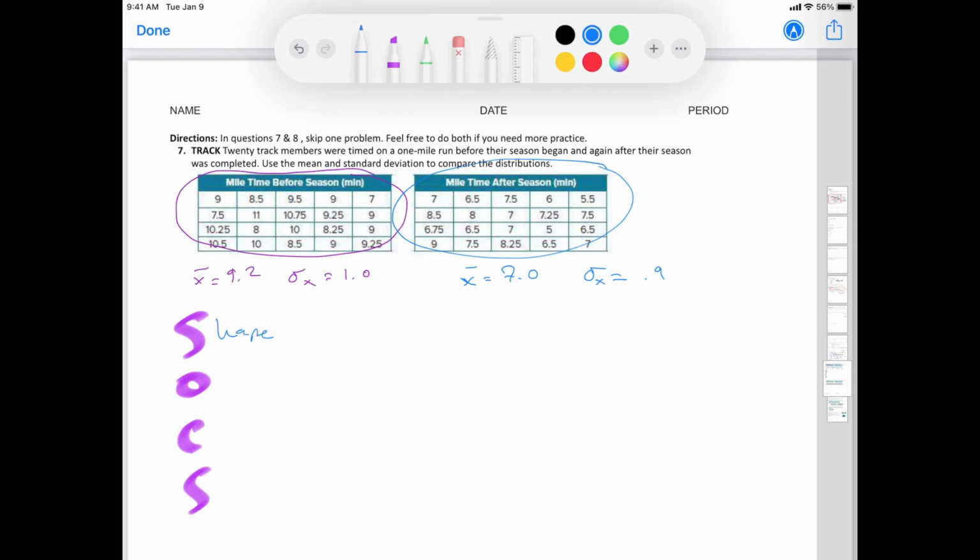So what is our shape? Again, this one's a little bit hard, but they both have lower standard deviation, so we're going to say we both seem to be symmetrical or unimodal.